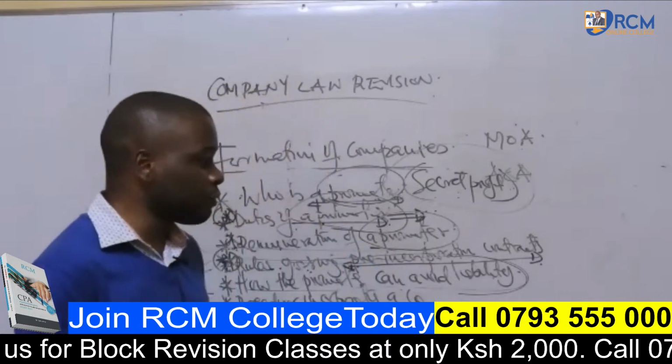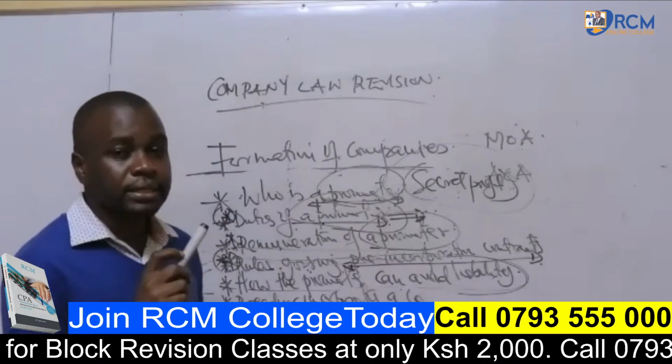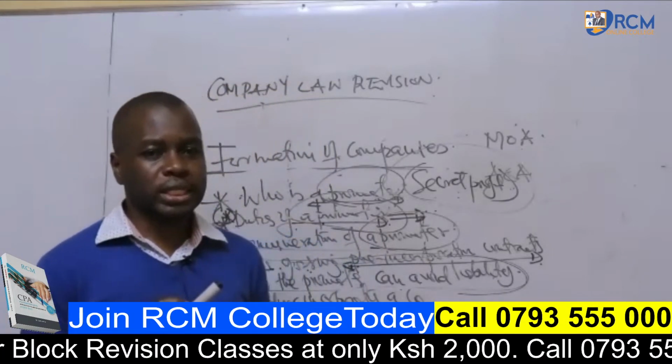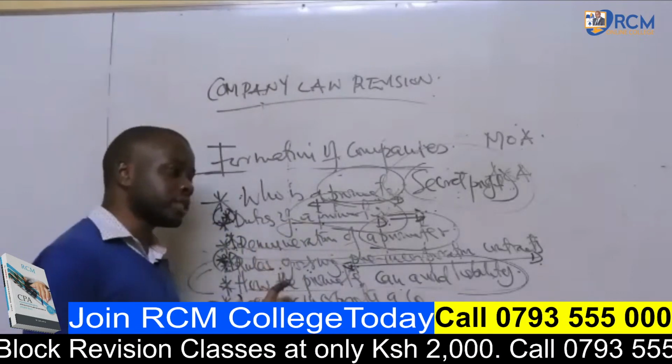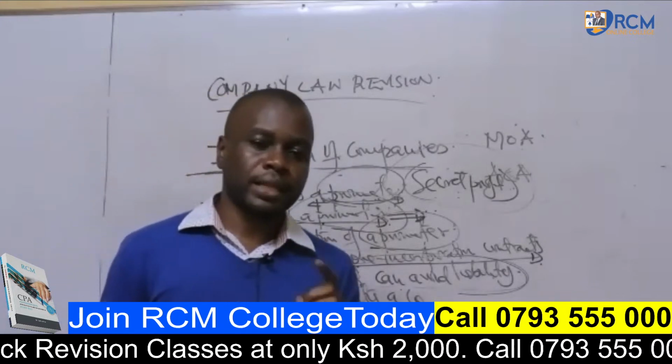So number four, inform a third party that in case the company does not ratify or approve the pre-incorporation contract, he shouldn't be held responsible for any liability that is likely to arise. That is number four.